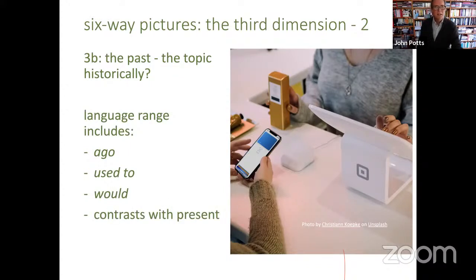So notice again, we get different language with the different focus. All of this is the kind of thing that your learners will need to practice. We'd also maybe have things like changes, how things were in the past and how they're different now.